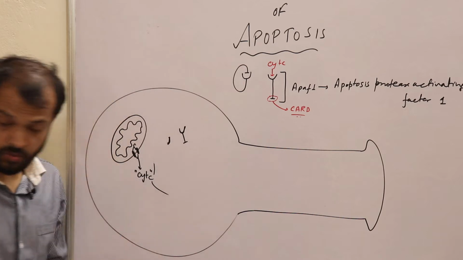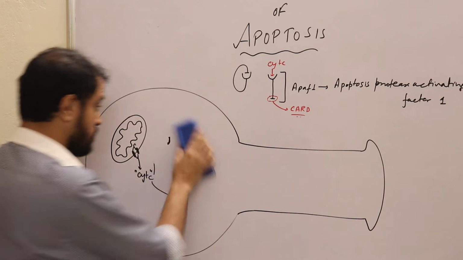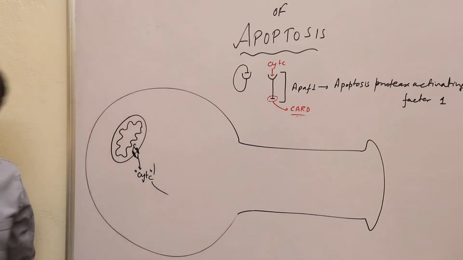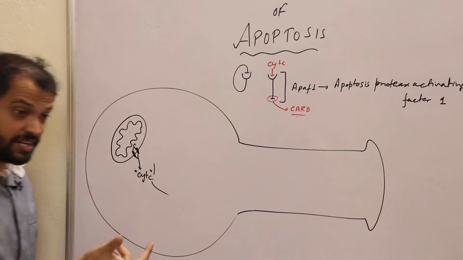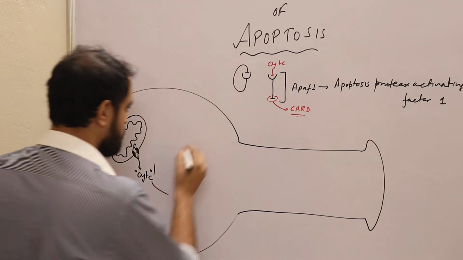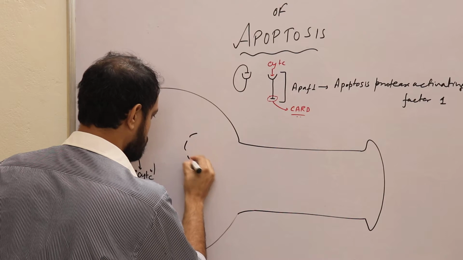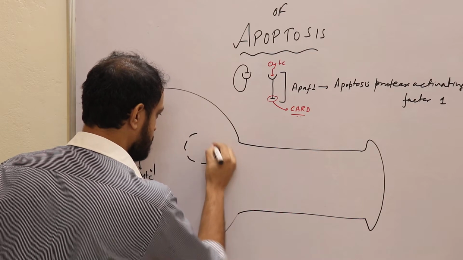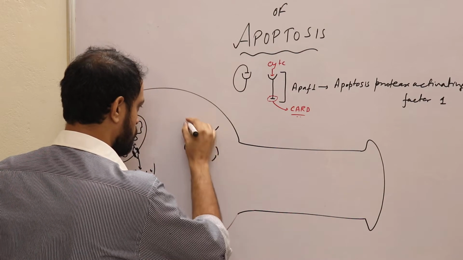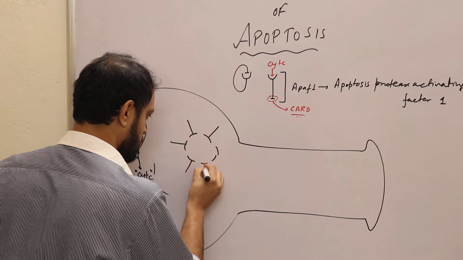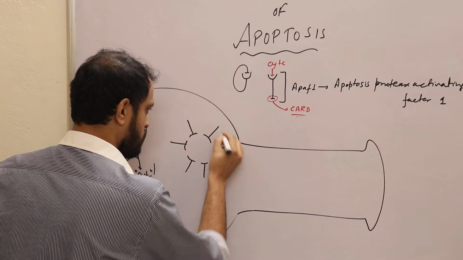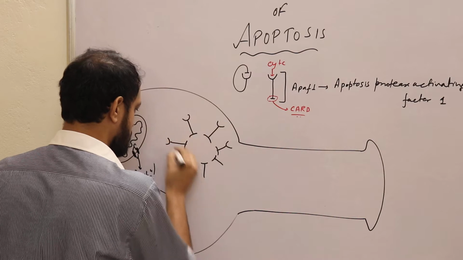If you want to know how to draw the activated APAF, you should always follow these simple steps: 1, 2, 3, 4, 5, 6, 7. Now draw 7 lines, perpendicular lines. Now draw the cytochrome C sitting domain.